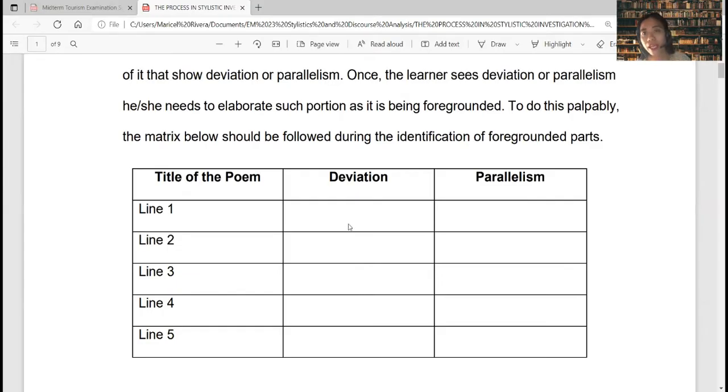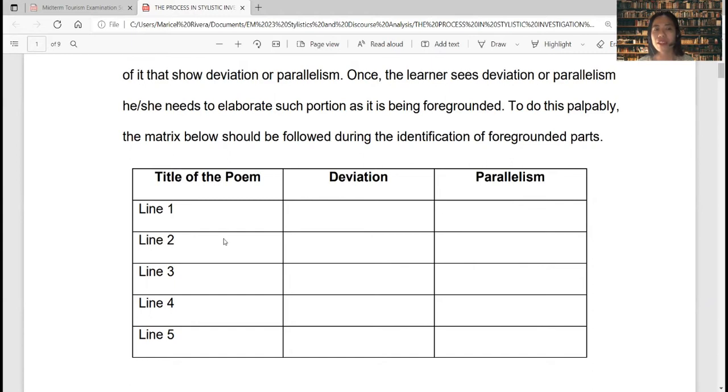So for example, sa line 1, wala kay nakita nga any deviation, or there's no foregrounded part at all, so leave it blank. Then when you go to line 2, there is a foregrounded part. So you have to write that. So it could be, if it's deviation, mga grammatical error that you can see, or if it is parallelism, it could be that there is a repetition.